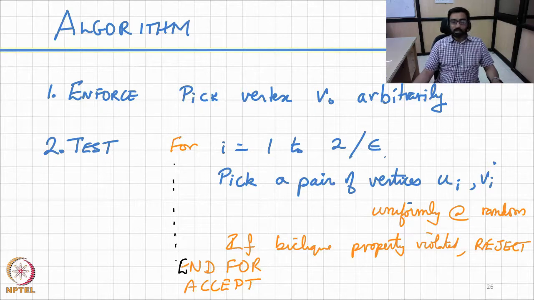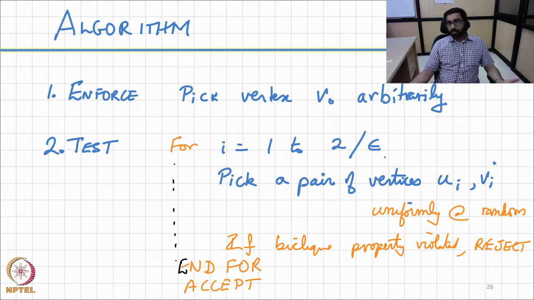And now we test if the biclique property is violated. If it is violated, we immediately reject the instance. But if it's not violated, we continue on. And after testing 2 over epsilon of these pairs, if we still haven't found any such violating pair, then we terminate the algorithm and accept the instance as one that is indeed a biclique.